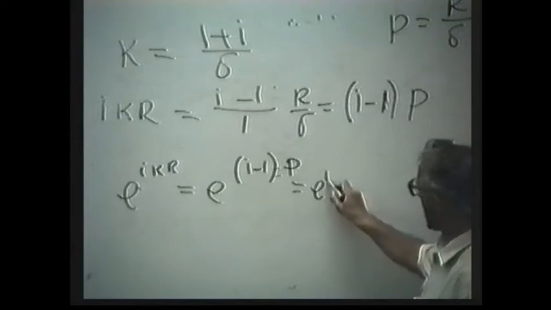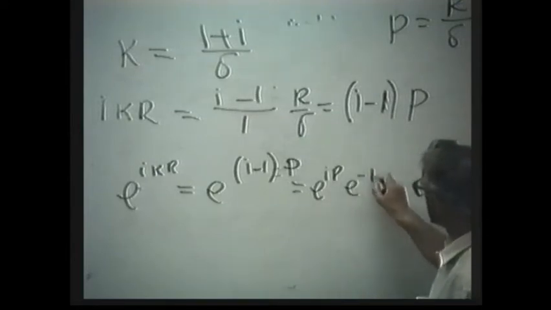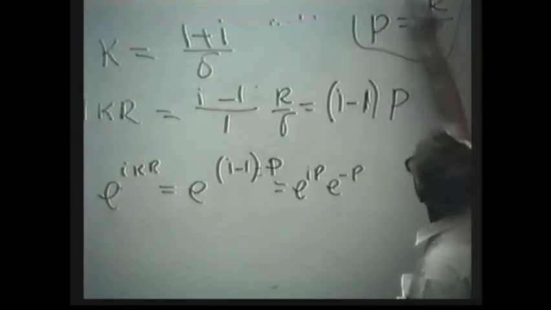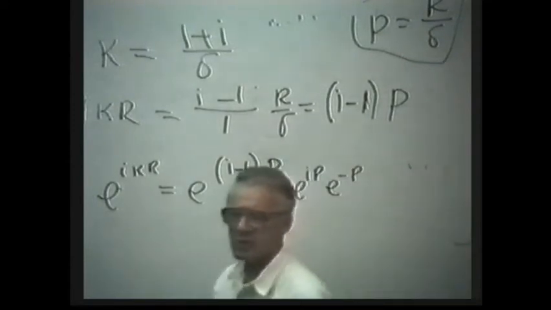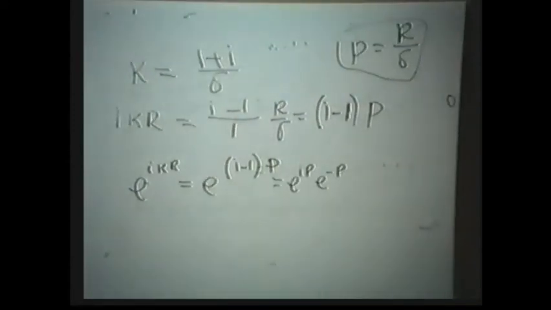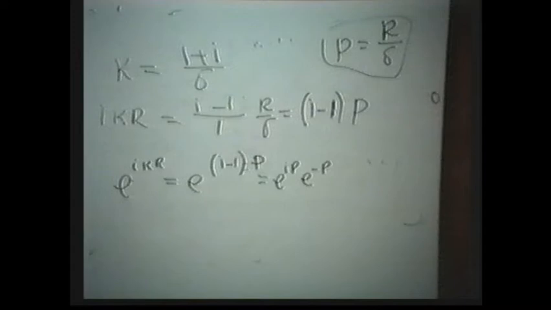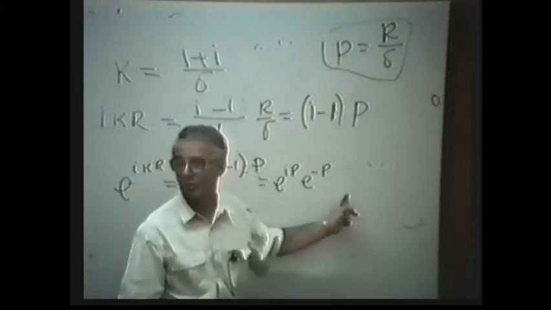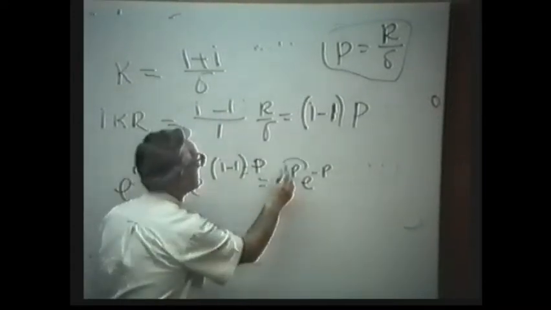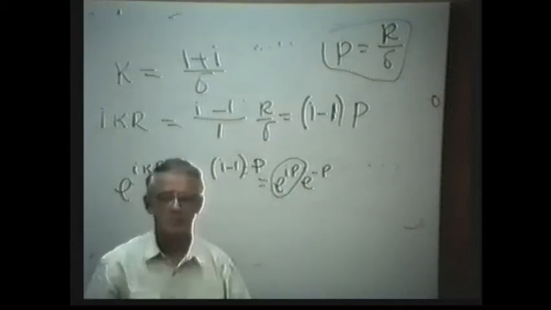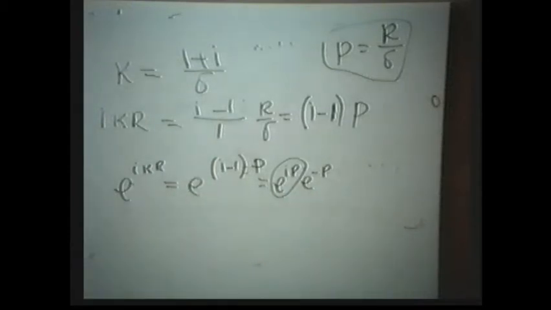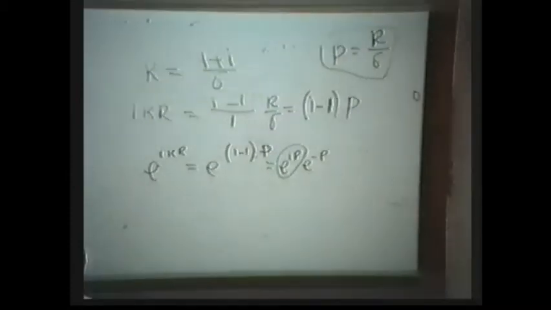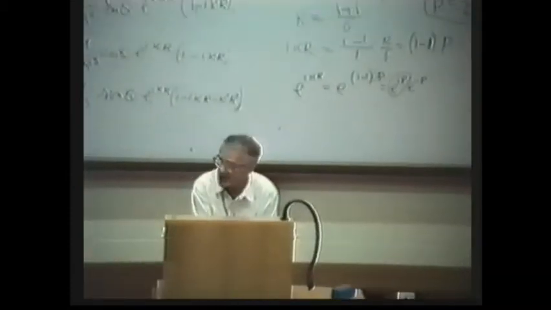So e to the i p, e to the minus p, where p is the induction number. What happens with increasing of p? This term becomes exponentially small. What about this term? Magnitude equals 1. Everybody understands?